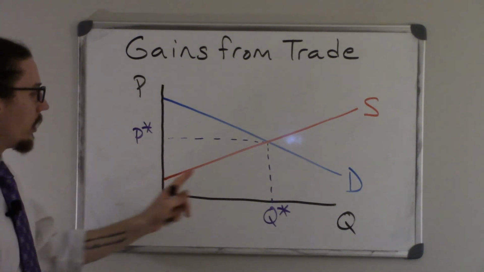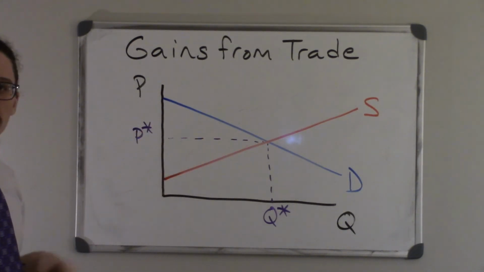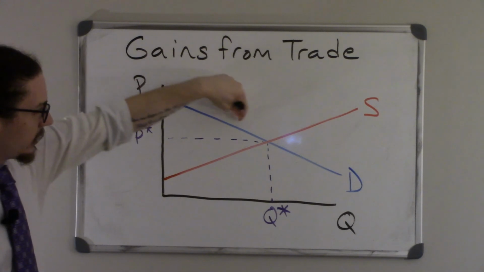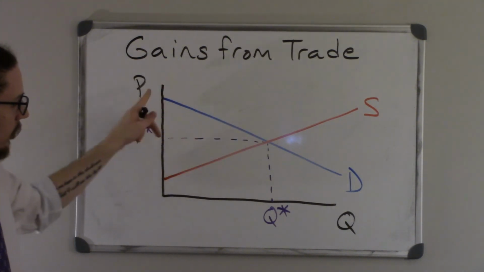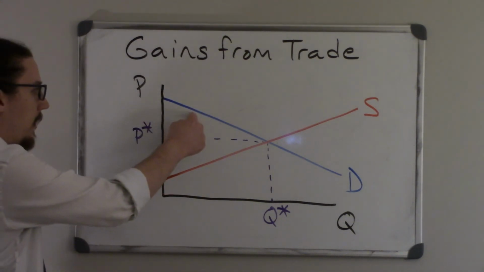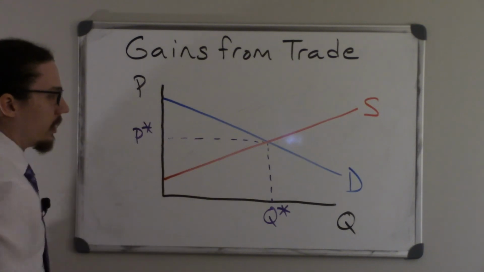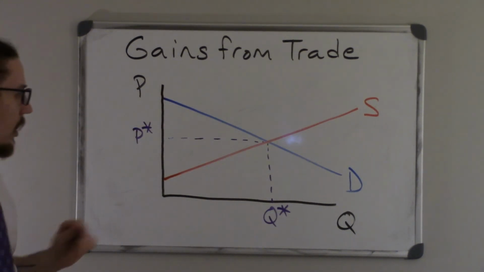How do we know that? Well, the demand curve is above that equilibrium price. You can pick any point along this demand curve, in this region I'm pointing at, and that's going to give you a price and a quantity. And that price is going to be higher than our equilibrium price.